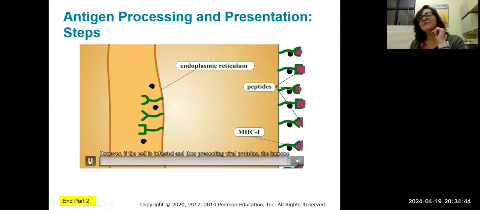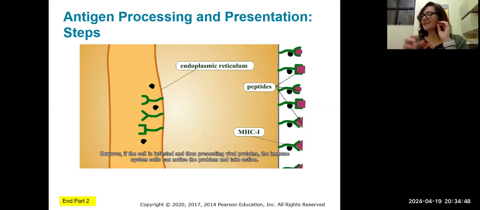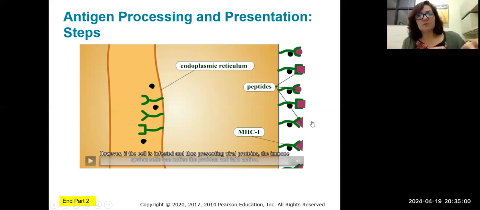So if when the cell is presenting, it's presenting not its normal driver's license and registration, but the registration's kind of wrinkled, or it's the wrong paper, or there's a note that says, help me, please, then the immune system can start dealing with the cell.